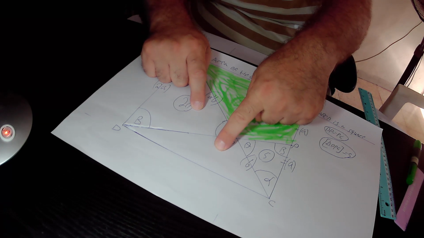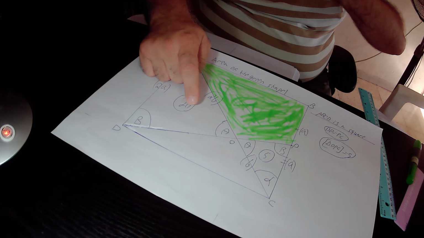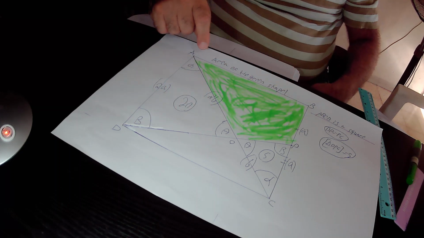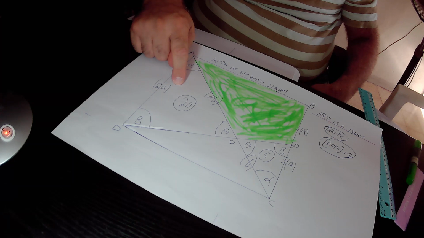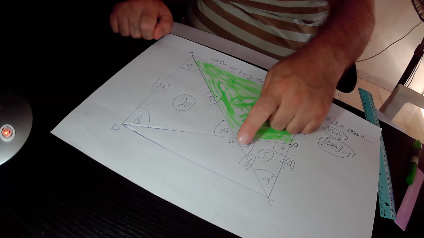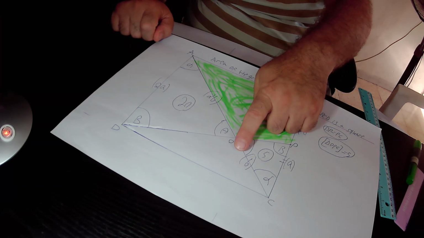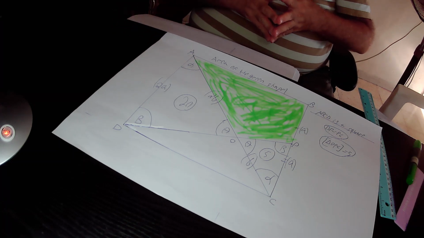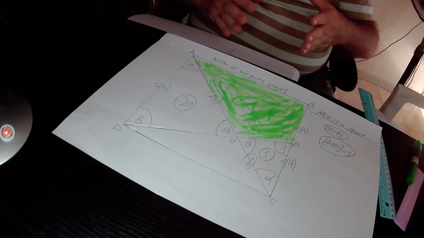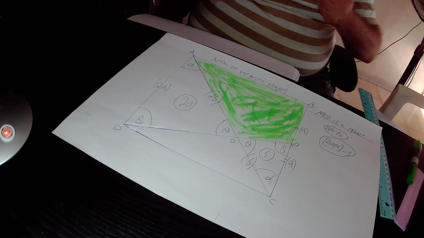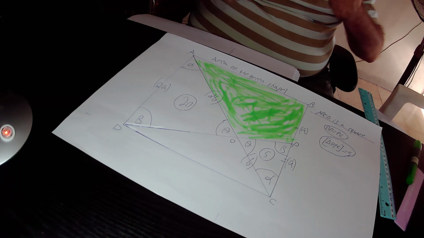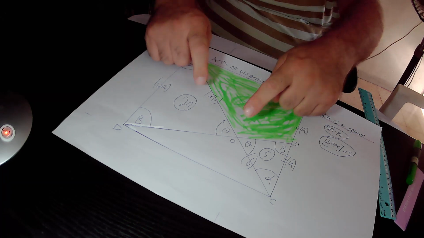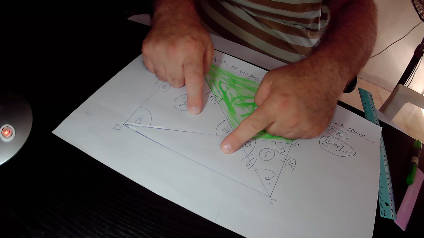The first small triangle is triangle AOD, and the second small triangle is triangle DOC. And according to Rule 23, all the requirements of Rule 23 are satisfied, and therefore we can implement Rule 23 here.